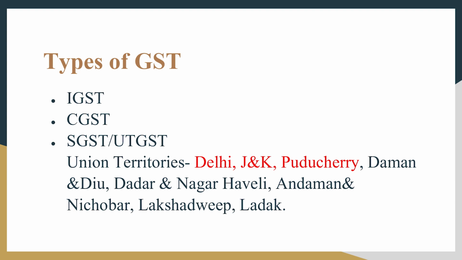If I am a supplier of goods in Bangalore and I supply the goods to Mumbai, the goods are transferred from Karnataka to Maharashtra, and on such a transaction the type of GST levied is IGST.